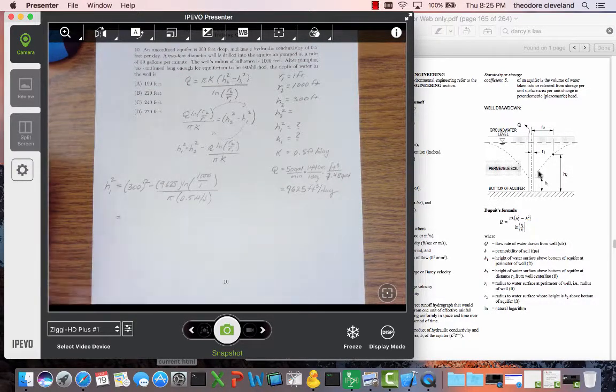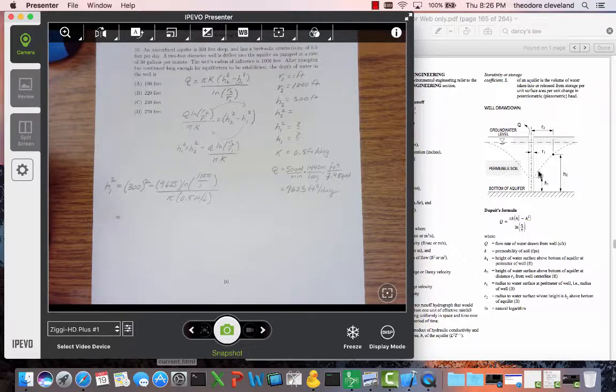Okay, so 1,000 divided by 1, it's 1,000. Take the log of it. Multiply that by the 9625, and I get 66,000. Divide that by pi. Divide that by 0.5.